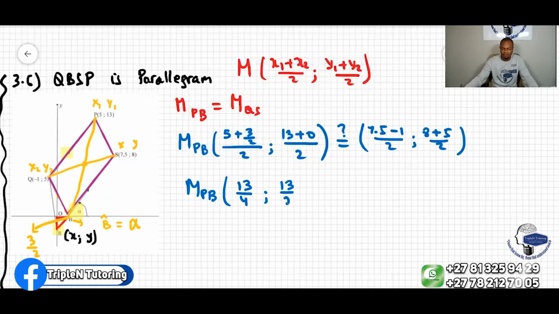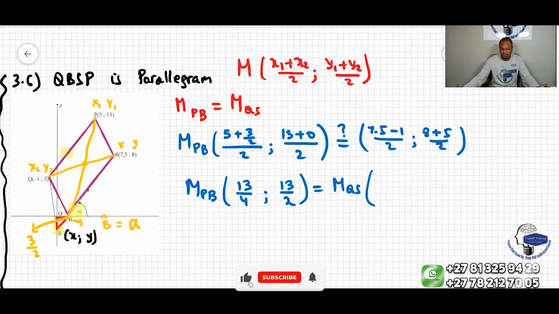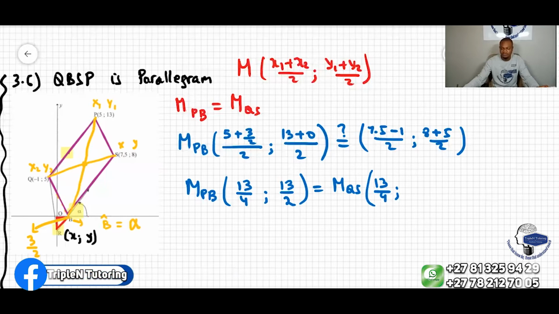The midpoint of QS will be 7.5 minus 1, which is 6.5, over 2, which is 13 over 4, and then 8 plus 5 is 13 over 2.